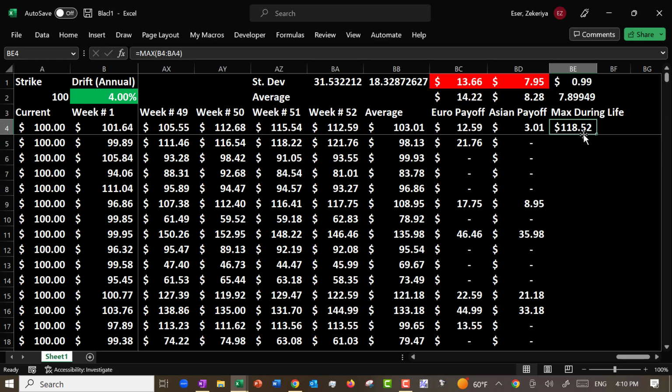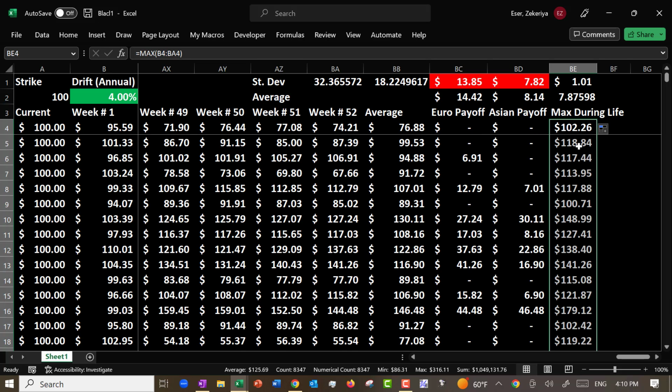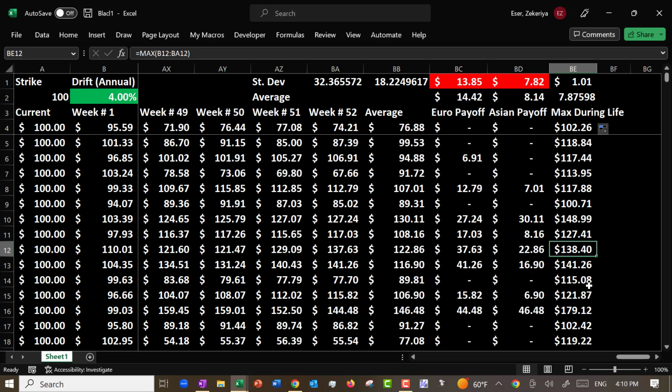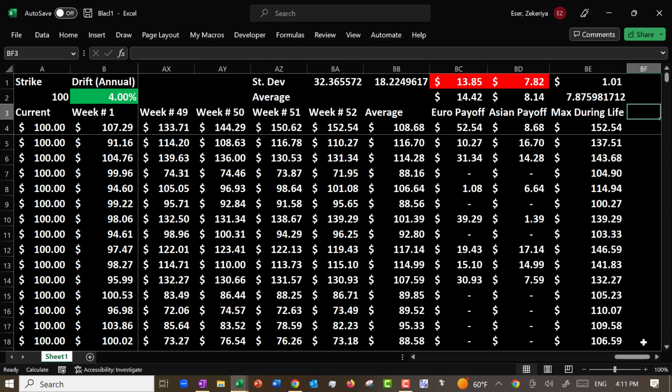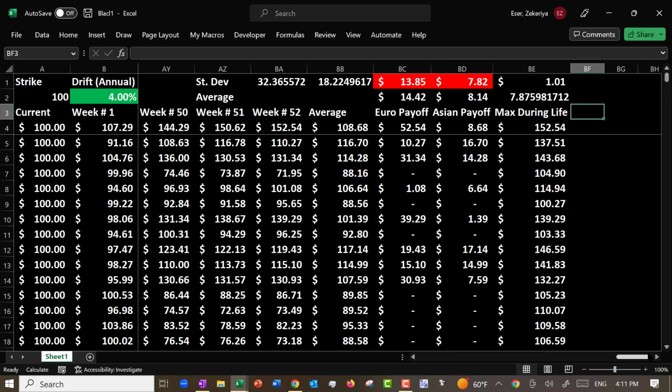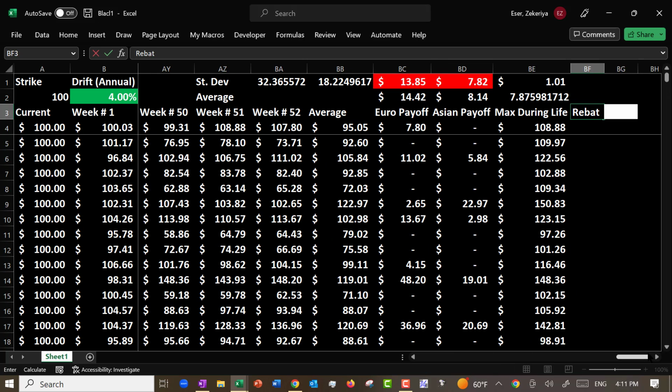So in this replication, the highest it ever reached was 152. On this one, 138. So on this one, rebate will be effective, right? So let's put another column. Rebate.